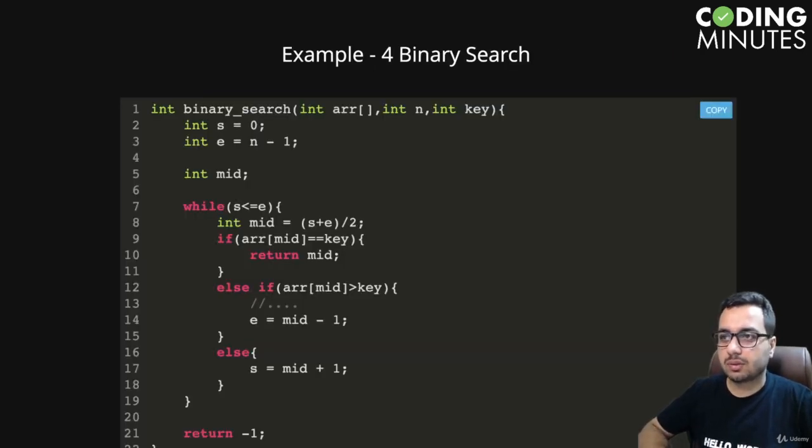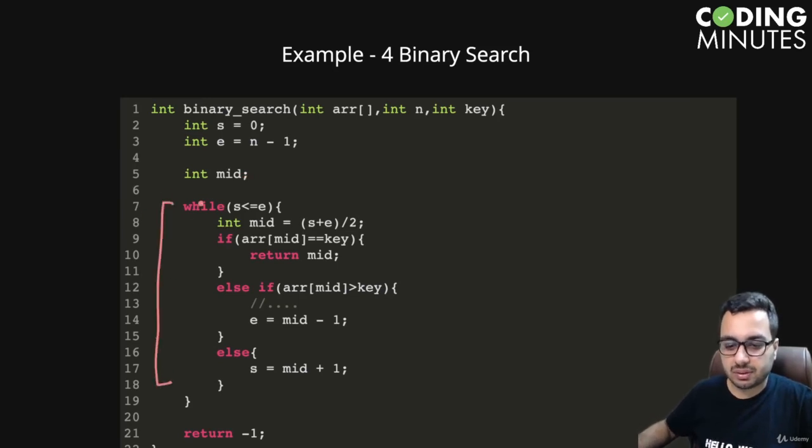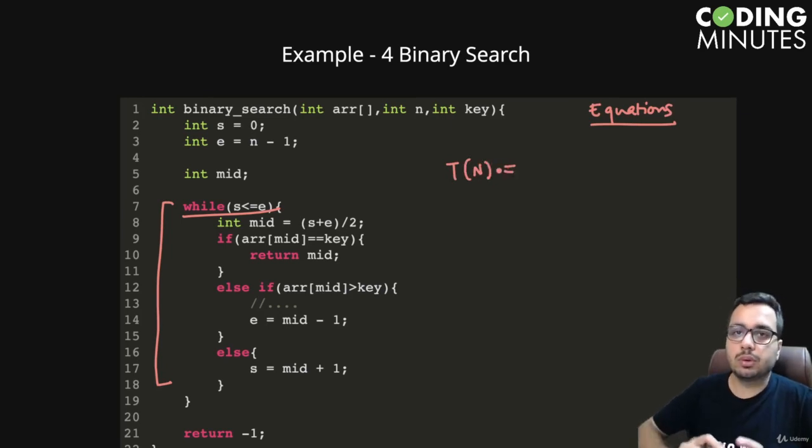Now this is the code of binary search, and what we have done is computed how many times this loop is going to run. I hope you more or less understood this. There is one more method to compute the time complexity, and that is by making equations. Let t of n be the time to do a binary search.